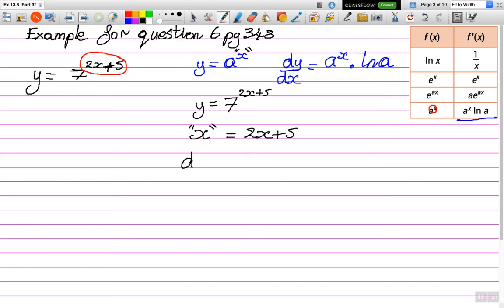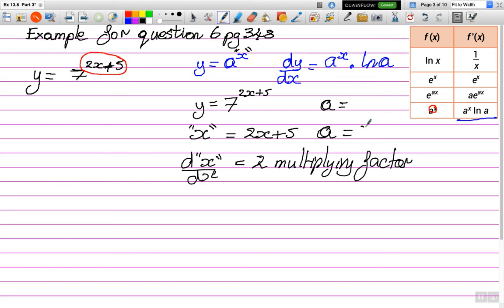And you should know from previous work that we now differentiate this with respect to x, and we get 2, which will be our multiplying factor. We also know, in comparing it, that the value of a in this problem, let's write it here, is equal to 7.